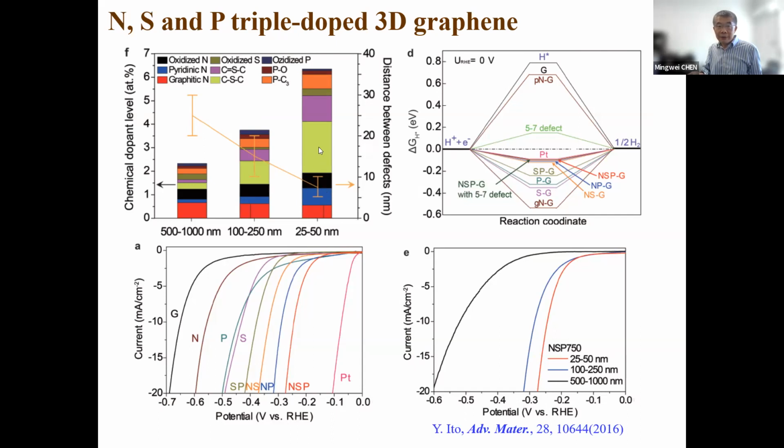At least for the kinetic doping, when we increase the curvature and decrease the pore size, we can enhance the N doping and P doping configuration, which could generate so-called self-consistent electron donor and electron acceptor. That offers the highest catalytic activity, as we demonstrated here.